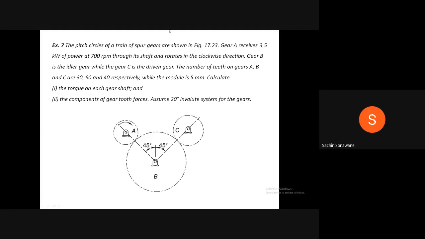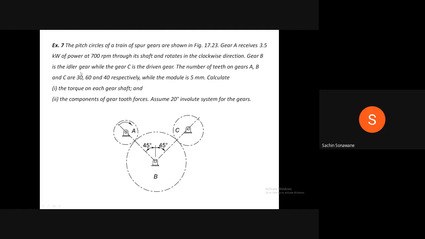Okay, good morning. Now I will read the problem. Example number 7. The pitch circles of a train of spur gears are shown in figure. Gear A receives 3.5 kilowatt of power at 700 rpm through its shaft and rotates in the clockwise direction.